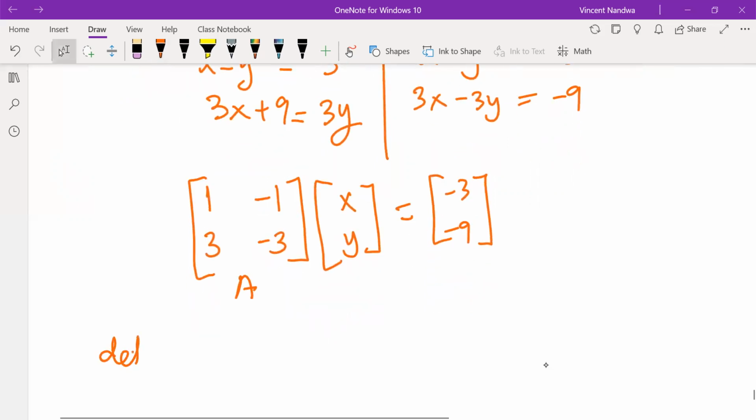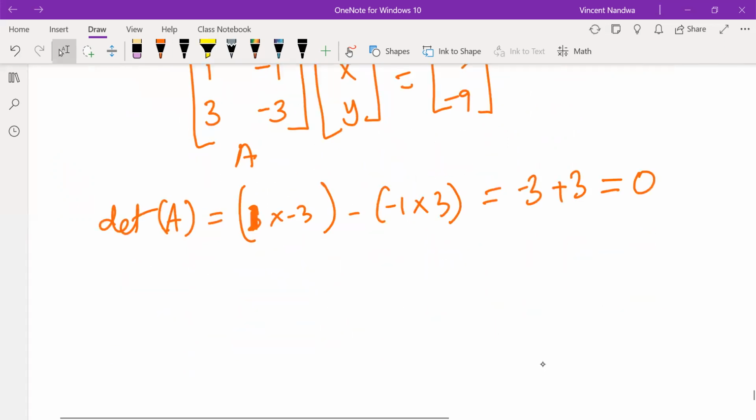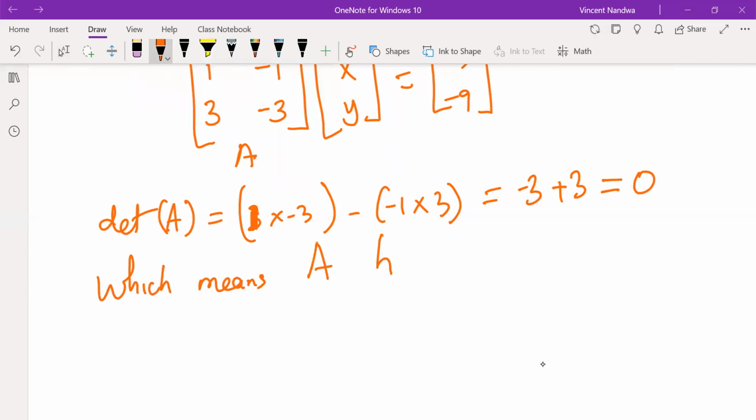So determinant of A will be 3 by minus 3, 1 by minus 3, minus 1 times 3, which is minus 3 plus 3 to give us 0. So which means A has no inverse.